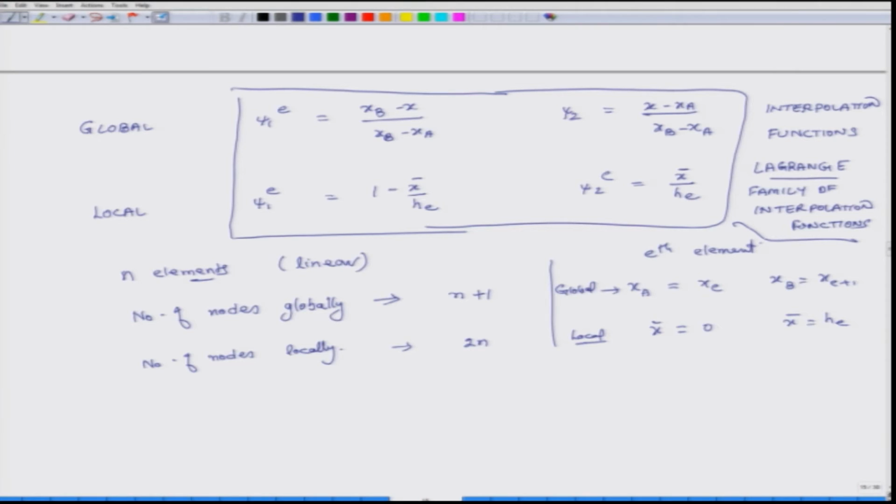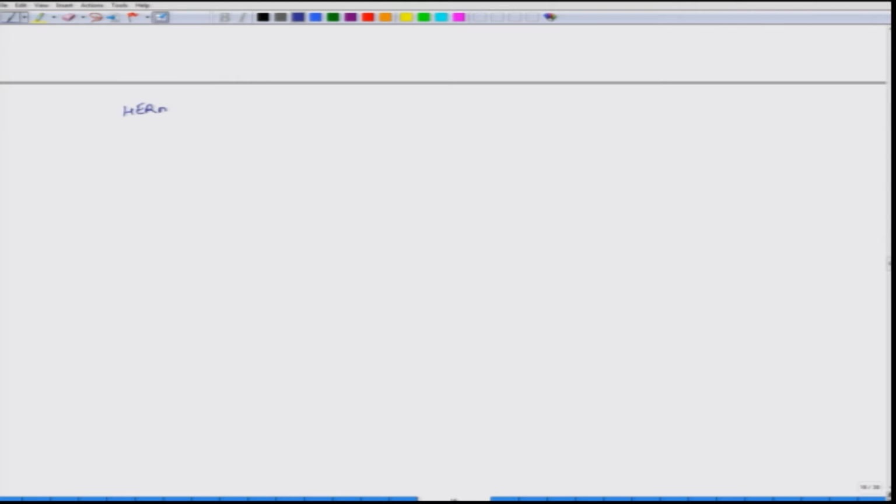Okay. Then there is another class of functions known as the Hermite, or hermitic, family of interpolation functions, and these functions are developed not only on considerations of the primary variable, but also its derivatives.